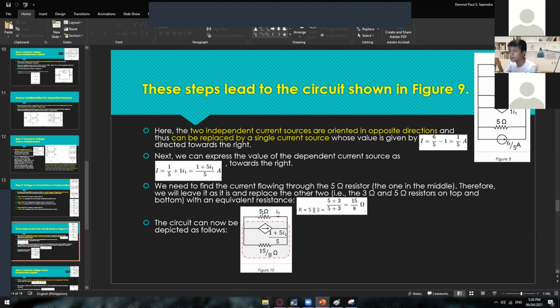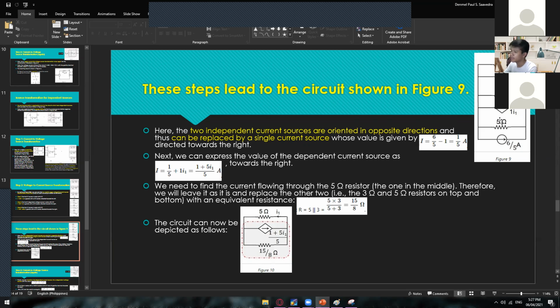So 6 divided by 5, you have to deduct the other current source. Whichever is the bigger one is the dominating current, and whichever is the lower one will be deducted. So we have here the current: 6 over 5 minus 1 is equal to 1 over 5 amperes.